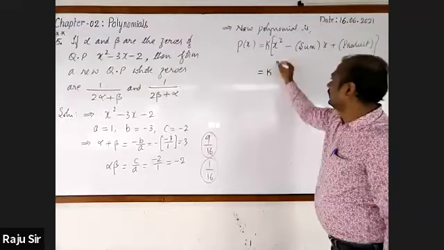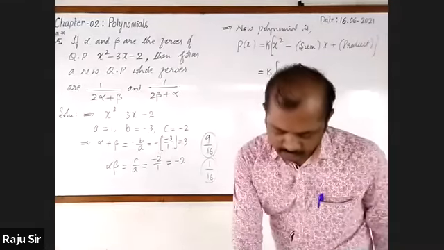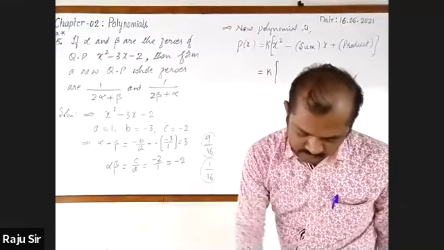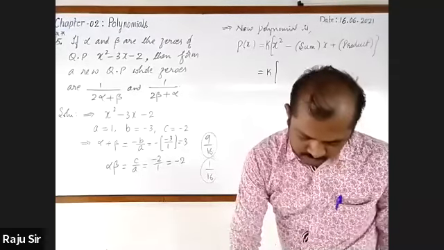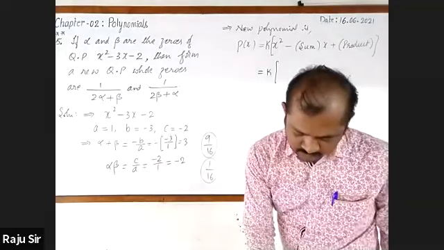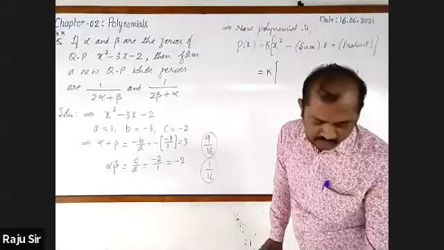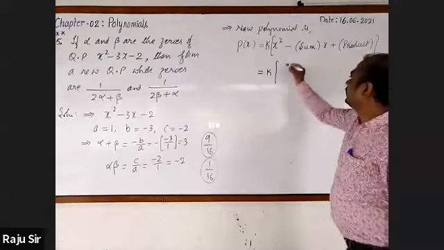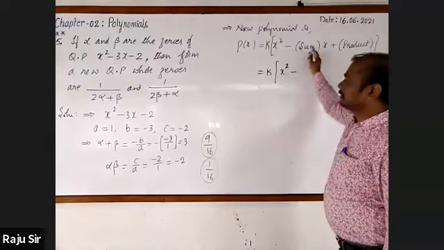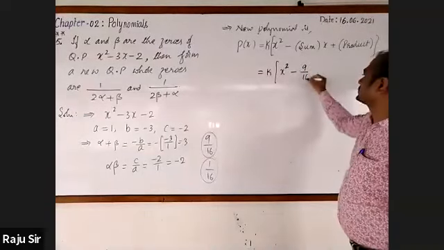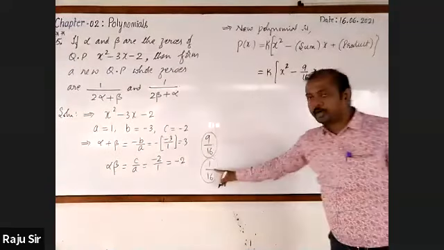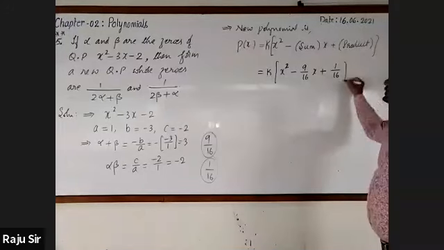This is equal to k into x square minus where sum is 9 by 16 into x plus product is 1 by 16.